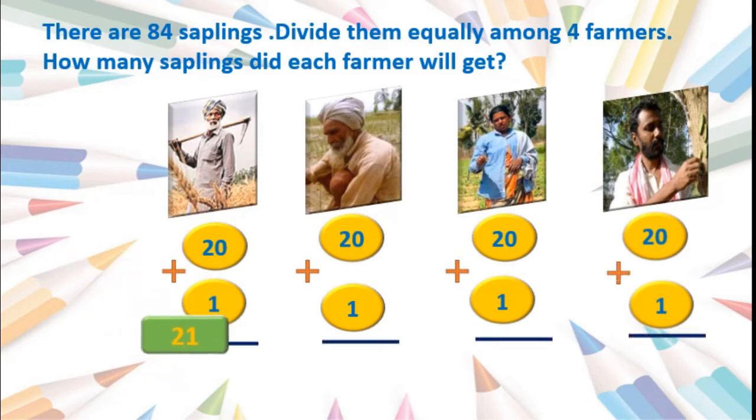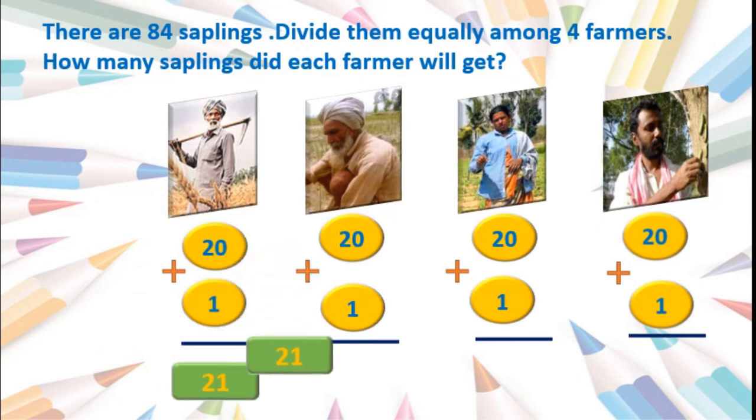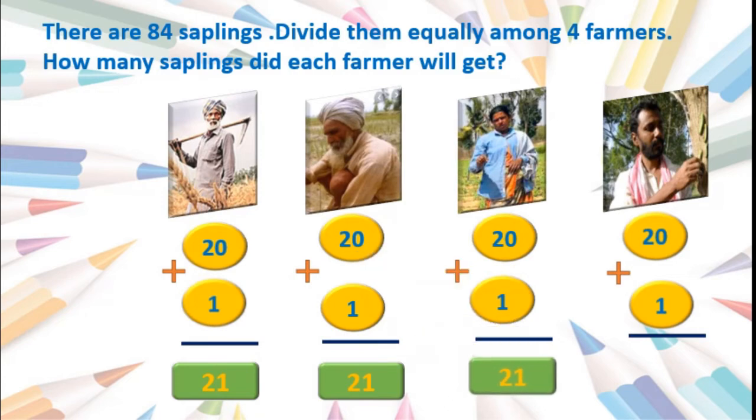The first one said I got 21. Second also said I got 21 saplings. Third one also said I got 21 saplings. And fourth also got 21 saplings. Got this, students? This is the quick method compared to the first one, isn't it?